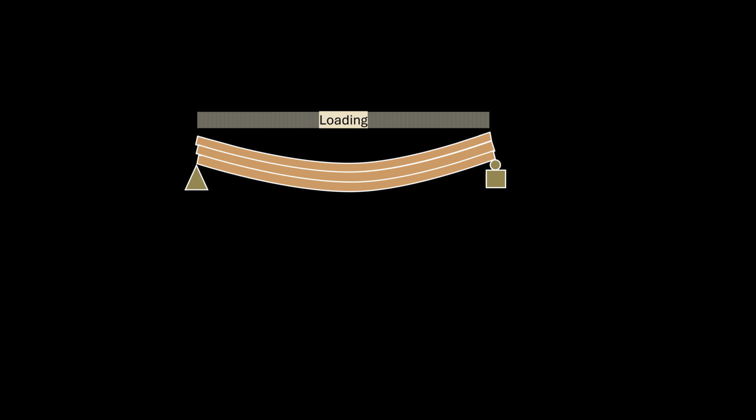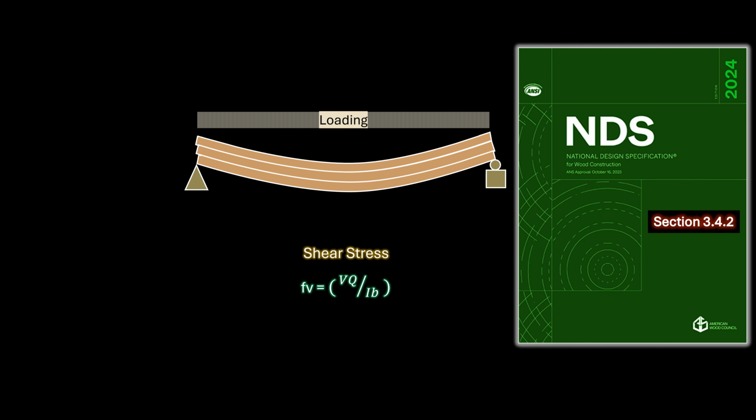Shear stresses parallel to grain may be calculated using the shear stress formula shown here. This formula is also provided in section 3.4.2 of the NDS, where it is provided in terms of the shear force. For rectangular wood beams and joists, the maximum shear stress is the product of 1.5 and the quotient of the shear force and the area.